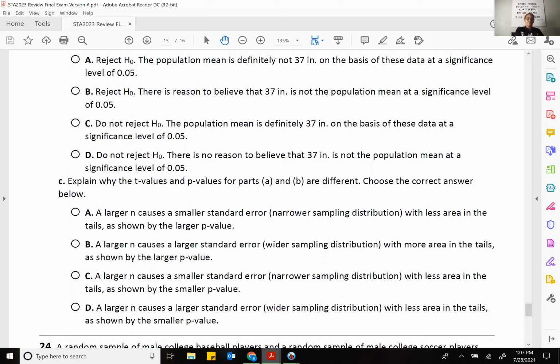So it is C. The larger the N, the smaller the standard error, the smaller the p-value. Because remember, when we looked at this, the larger our N was, the more it mimicked the normal curve, and the more accurate it became. The more information you have, the more accurate you're going to be. All right. This is it.